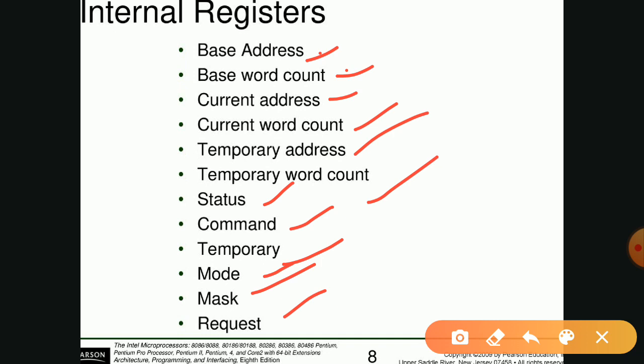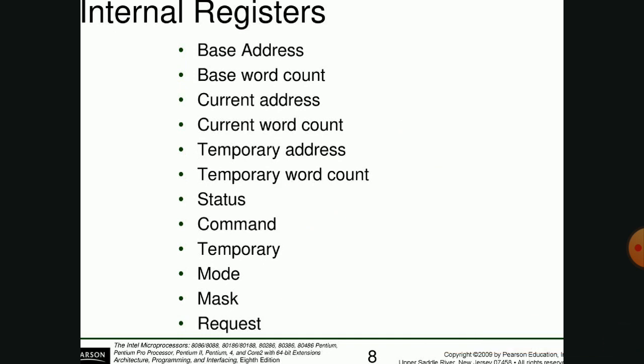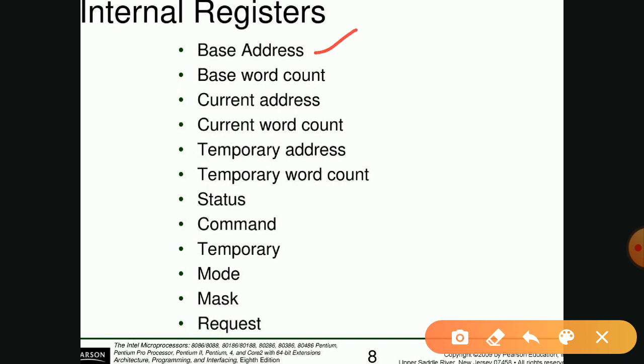Let us see first what the base address register is. The base address register is where, when we initiate any type of DMA operation, the starting address where the byte transfer begins is stored.